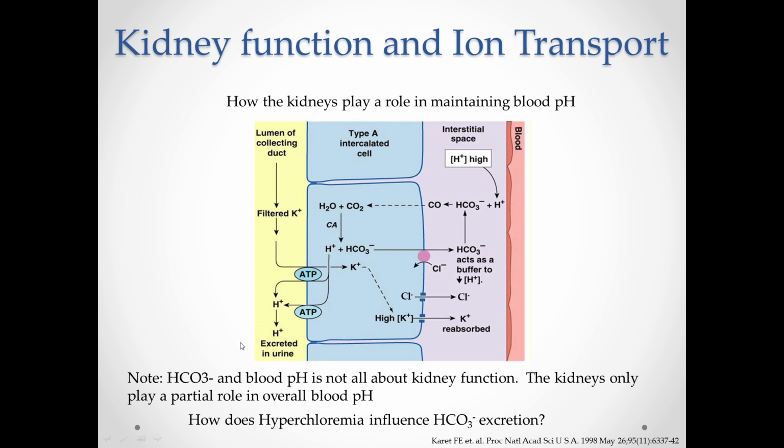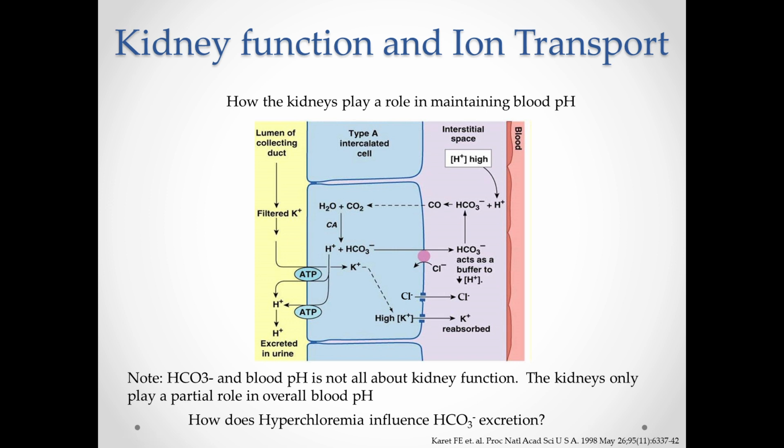On the left side of this is urine in the collecting duct of the kidney. And then on the right side is an interstitial space, and then blood, the blood flow. This membrane right here would be considered an endothelial barrier. These types of cells would be endothelial cells.